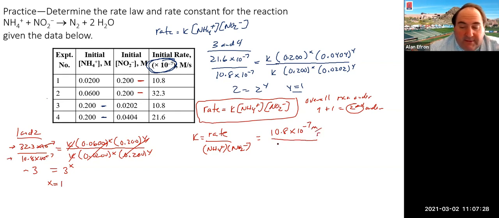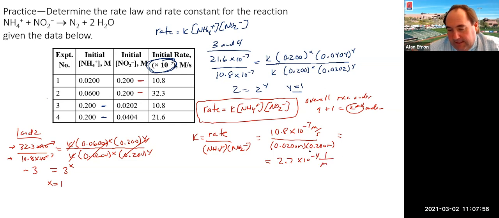So make sure that you did not ignore it, hopefully. 0.02 molar and 0.2 molar. That's going to get us 10 to the -7 over 0.02 times 0.2, and that is going to be 2.7 to the -4, 1 over molar seconds as our relationship here.